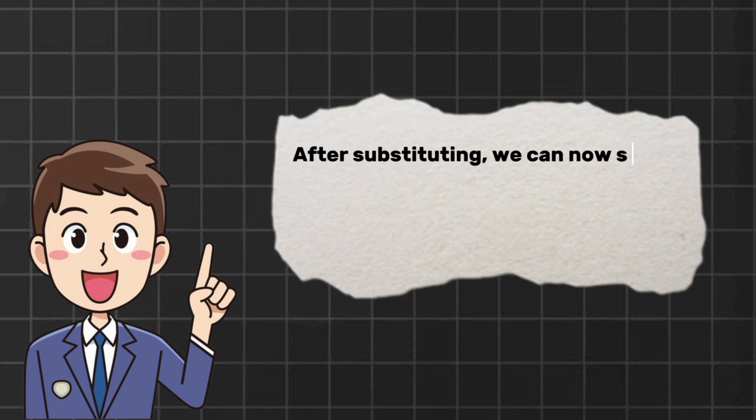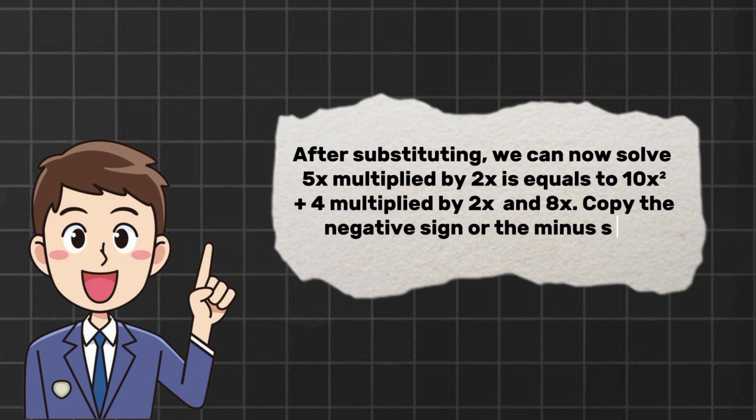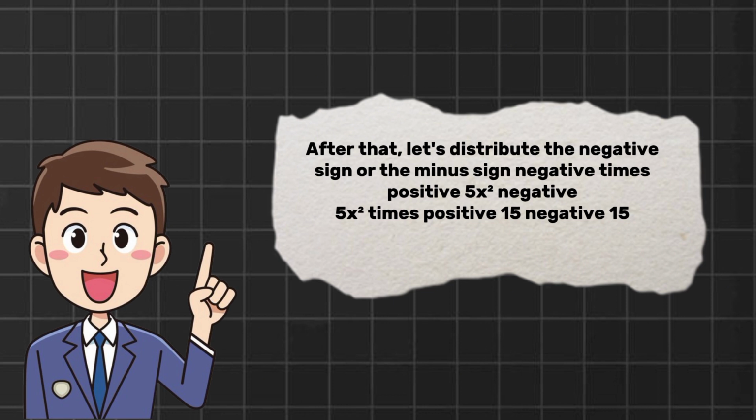After substituting, we can now solve. 5x multiplied by 2x is equal to 10x squared plus 4 multiplied by 2x, 8x. Copy the minus sign. x squared multiplied by 5, 5x squared. Positive 3 multiplied by 5, positive 15. Copy the denominator 5x plus 4 squared. After that, let's distribute the negative sign.